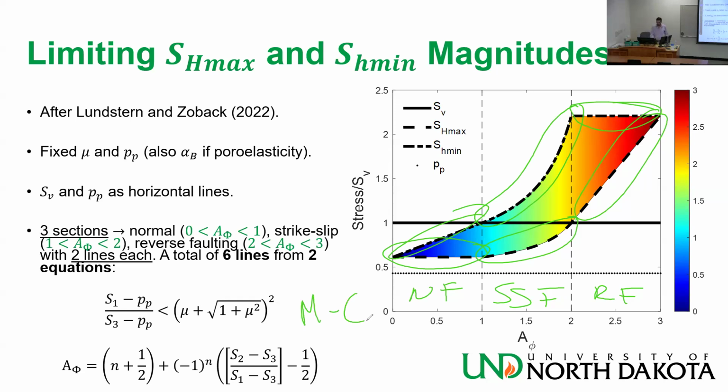This is the most important equation for exam number 2. I want you to know how to use it backwards and forwards. When I say backwards and forwards, I mean you need to be very comfortable with what you are using for S1 and what you are using for S3. That's important.